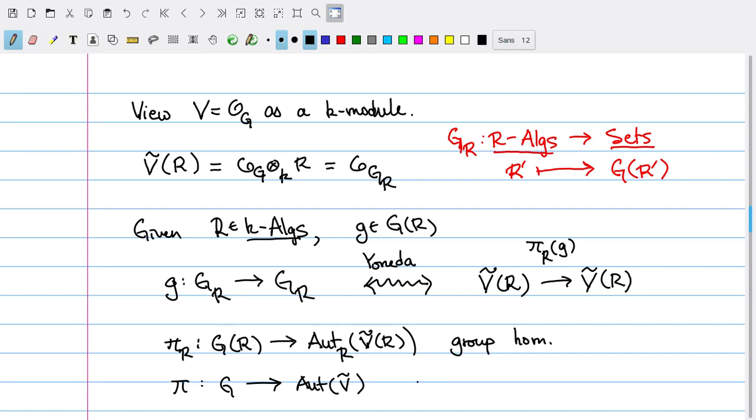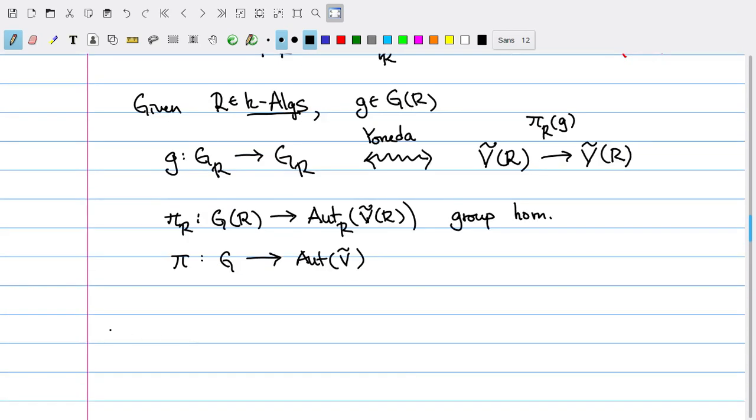So this is a representation of G over V. Indeed, this is what we define to be the regular representation of G.